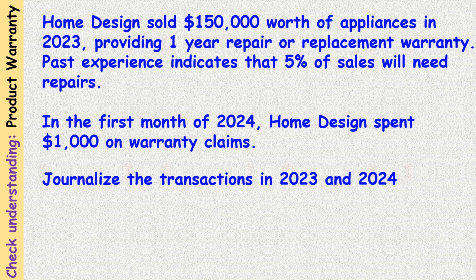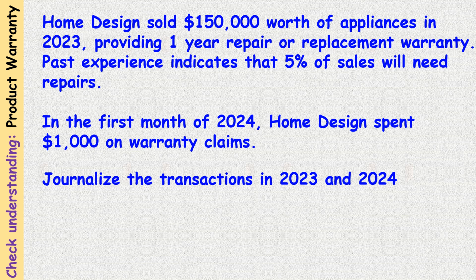So Home Design has to record that expense in the same period as the sales, which is 2023. Since Home Design does not know the amount of this expense, but past experience can help determine that amount, based on past experience, Home Design thinks that 5% of the sales will need repairs.